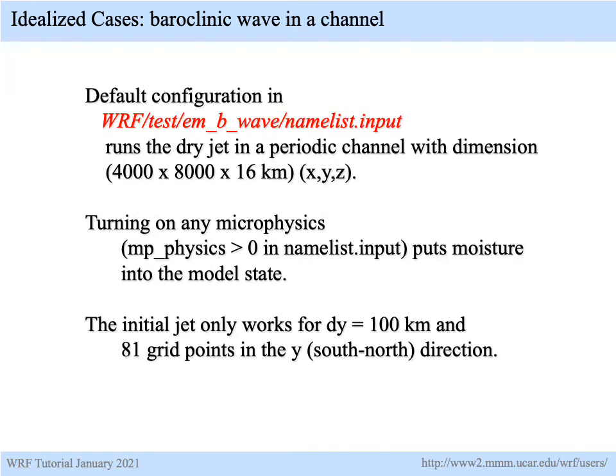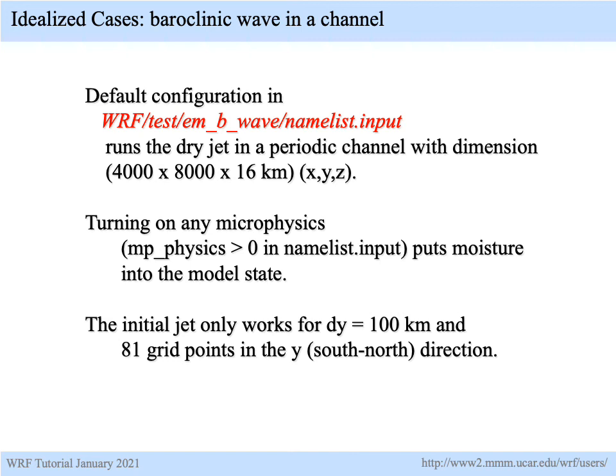Specifically, if you look at the default configuration, it's set for this 4,000 by 8,000 by 16 kilometer depth channel. You can run it either dry or moist. You will get a baroclinic wave in the dry case. And in the moist case, the structure of the wave doesn't change very much, but some details of it will.